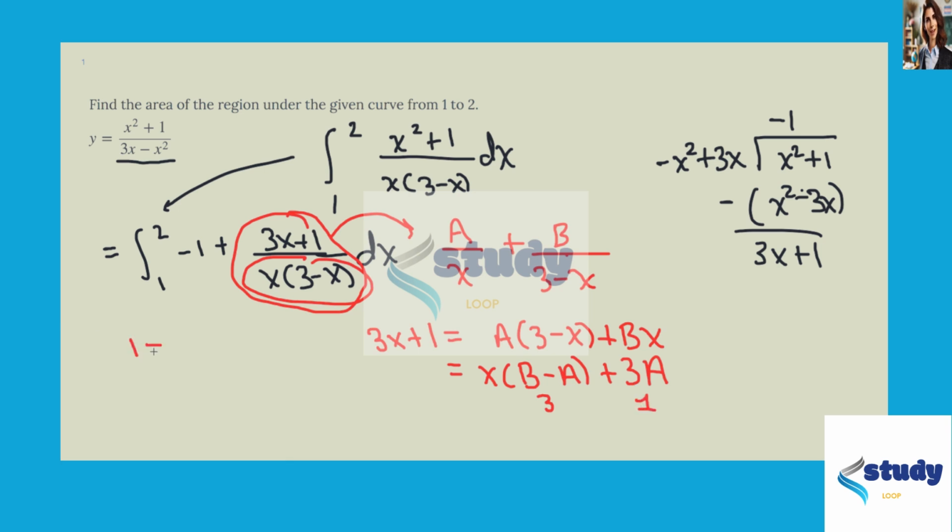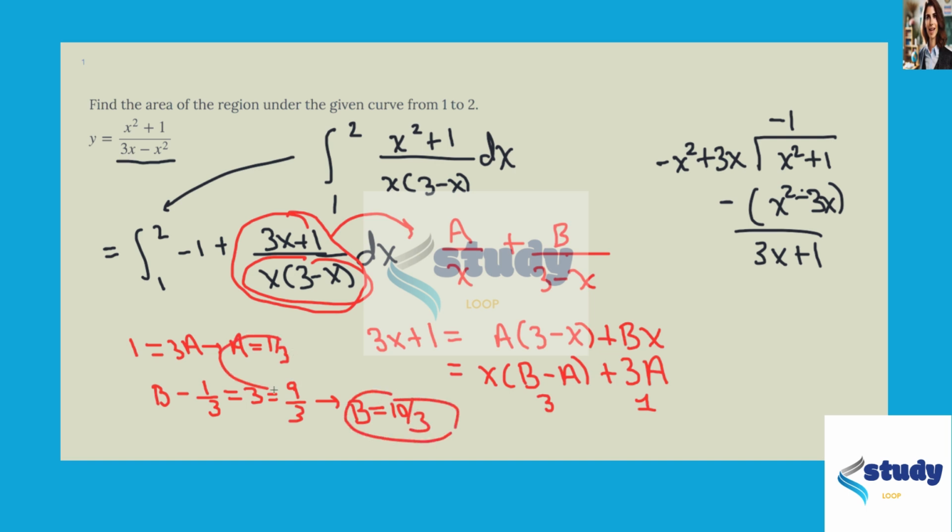So 1 equals 3a, solve for a. Then using this equation, we have b minus a third is 3, or we can write that as 9 over 3. Solve for b there, just add that 1 over 3 over. So we have our a and b.